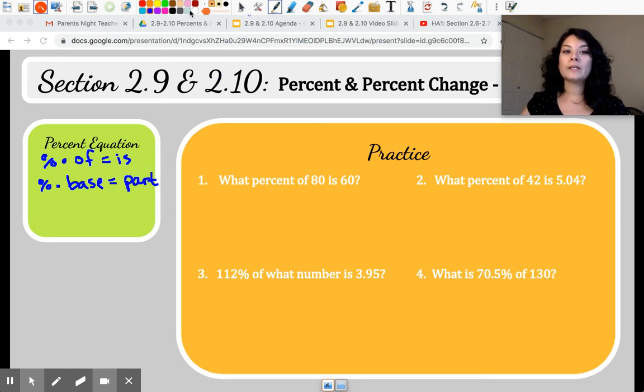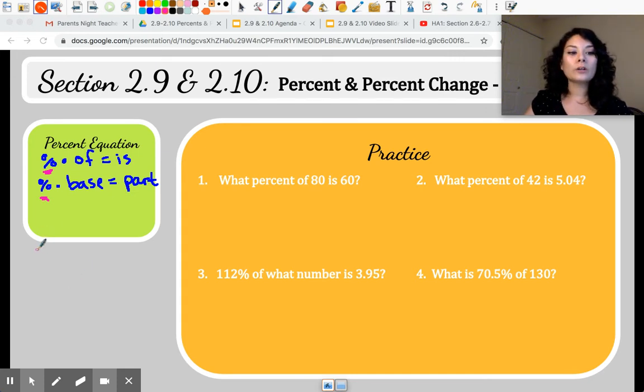Now, a few key things to note here about the percent. That percent, when you're plugging it in to the equation, if you've been provided the percent, needs to be converted to a decimal. Likewise, if you're solving for the percent, you're going to get a decimal that you then have to convert to a percent.